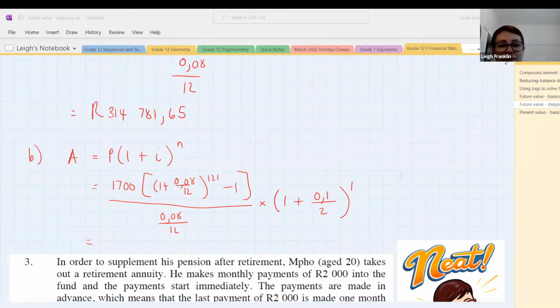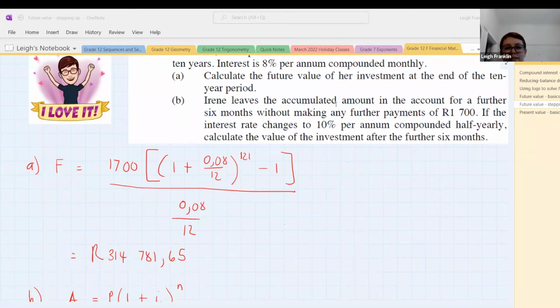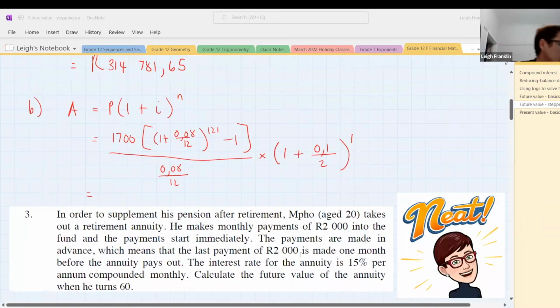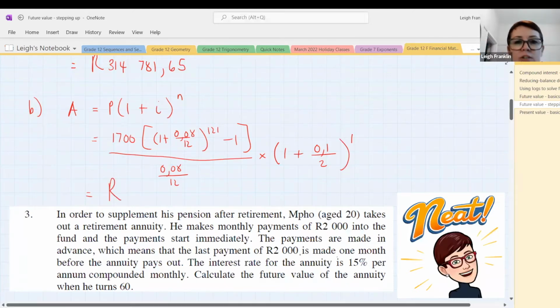So it says to us in this question that Irene leaves the money in the account for 6 months and that the interest rate is now compounded half yearly. That means that it will be compounded once in that time. So that's why it's to the power of 1. And then you've obviously got to stick that into your calculator and work out the answer. All right, so you guys can share with me what you got.